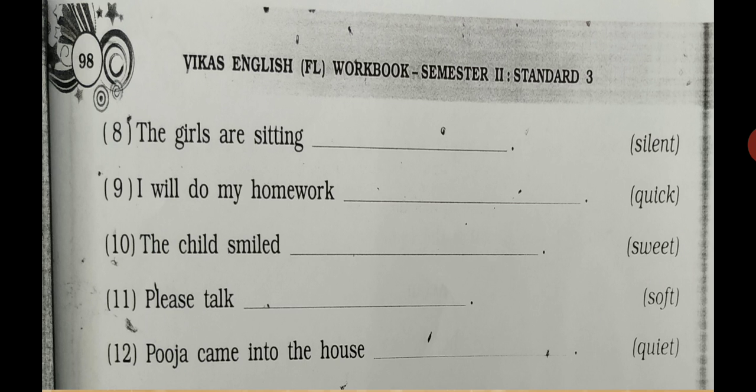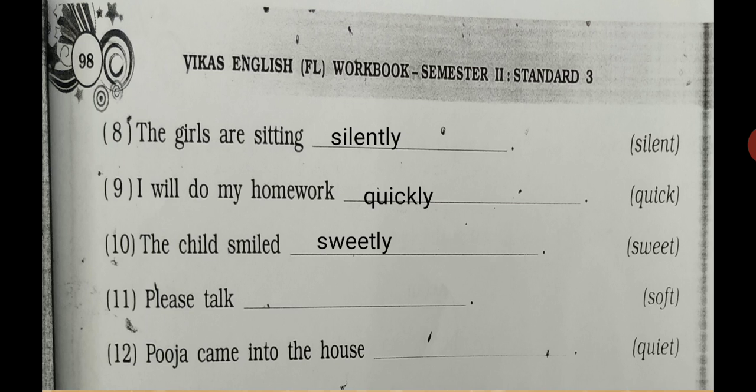Number 8 is there. The girls are sitting dash. Silent becomes silently. I will do my homework quick. Quick becomes quickly. The child smiled dash. What is there in a bracket? Sweet. And sweet becomes sweetly.